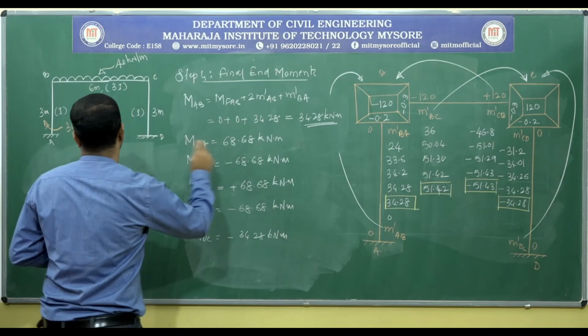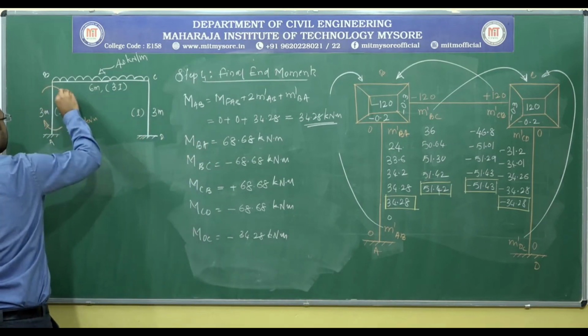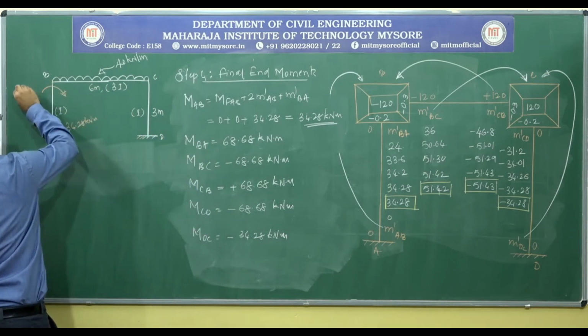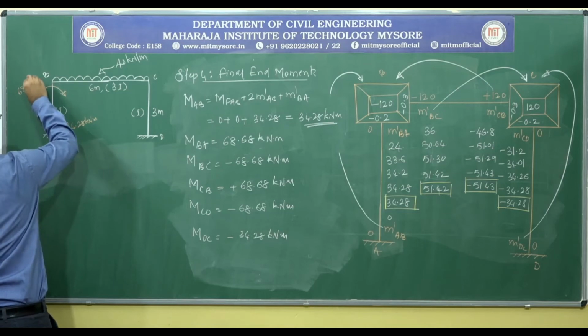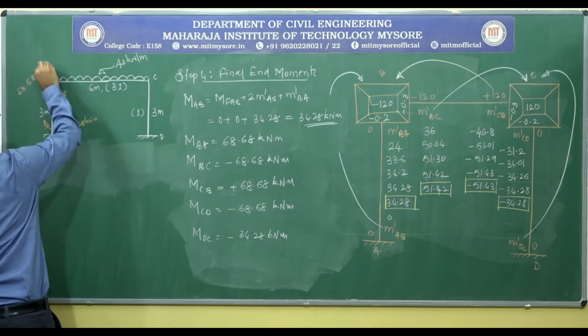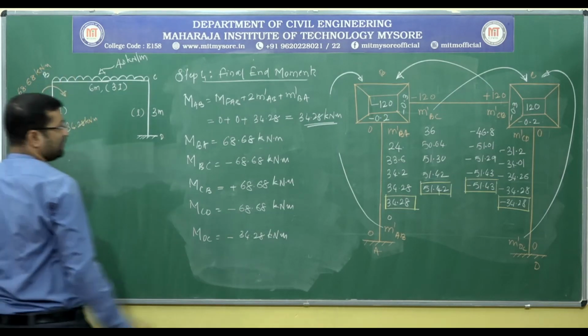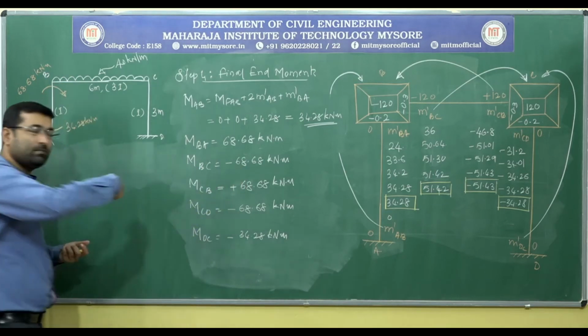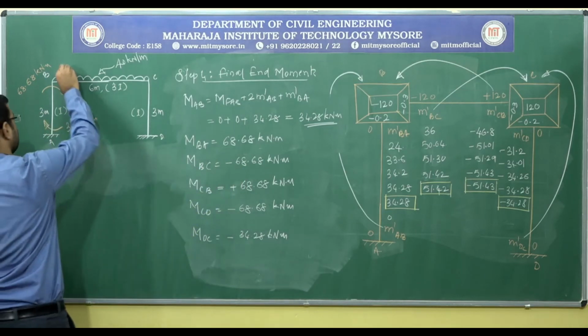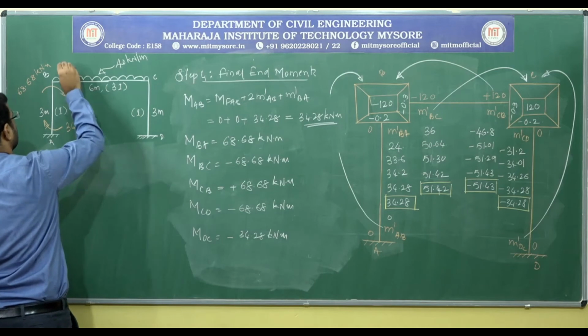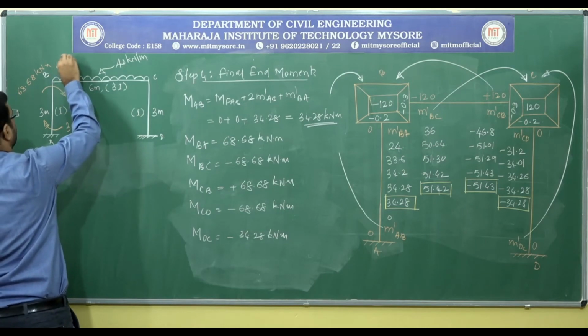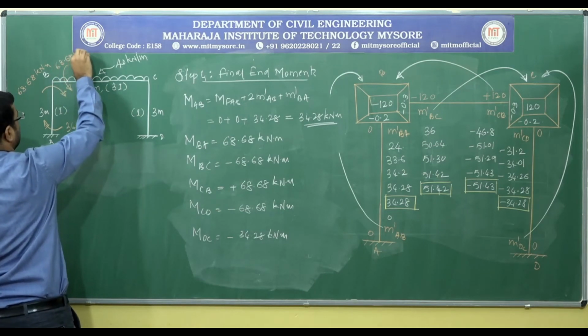MBA again is clockwise, 68.68 kilonewton meter, whereas MBC you can see is minus 68.68. So it means it is an anti-clockwise moment, 68.68 kilonewton meter.